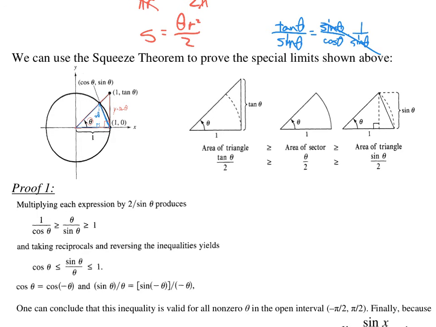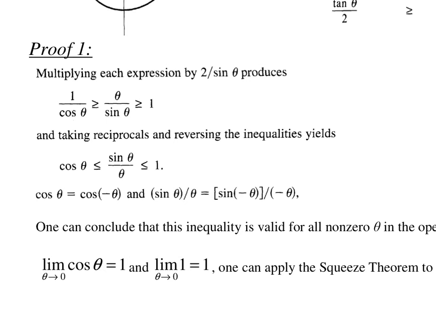So, that's our first step. The next step here, one of the properties with inequalities is if you take the reciprocal of both sides, it will reverse the inequality. So that's what we've done here. We've made this cosine is less than or equal to sine theta over theta, which is less than or equal to 1. Okay?